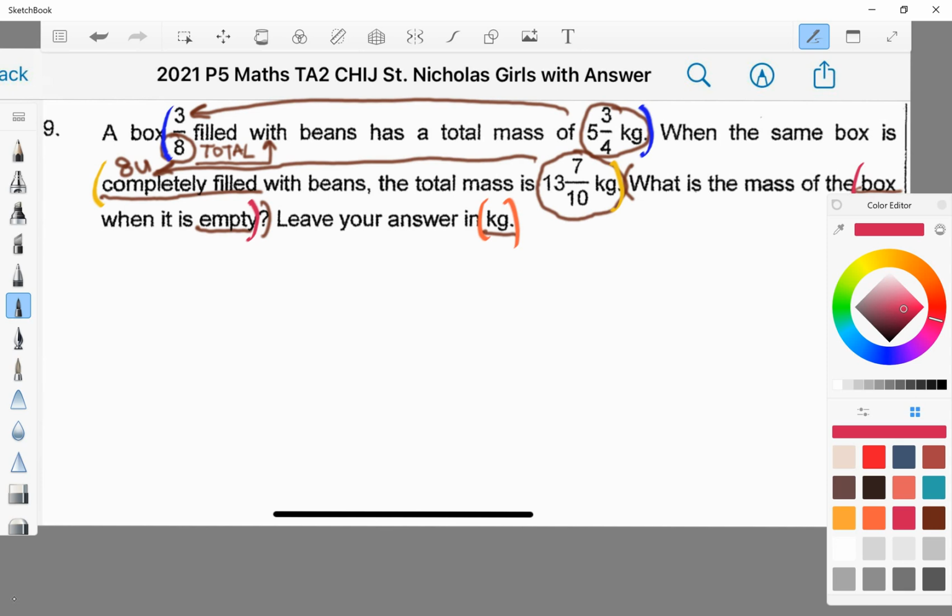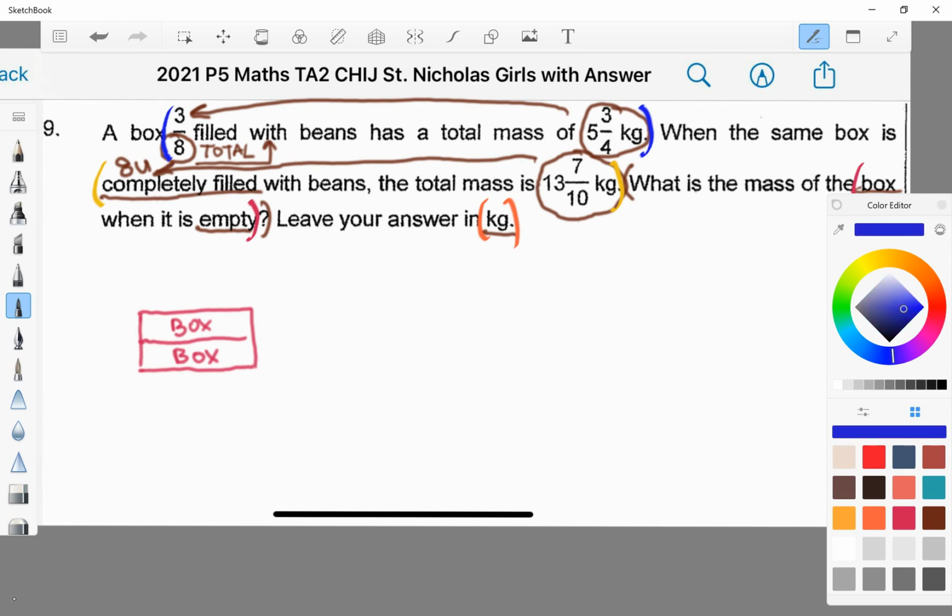And like what we did for the previous 2 episodes of RI whole numbers, we will use model drawing to solve this question. So I will get right down to drawing a rectangle. I will slice it into 2, and this will be my box.